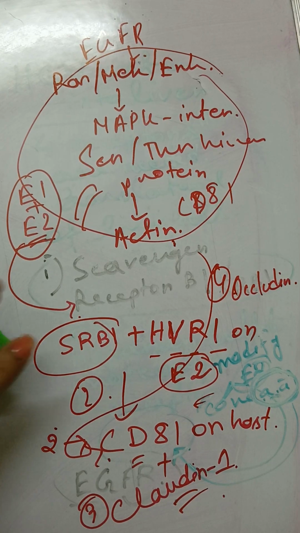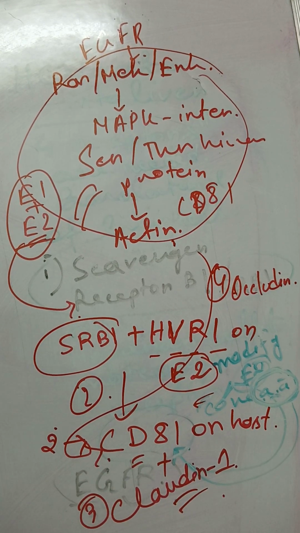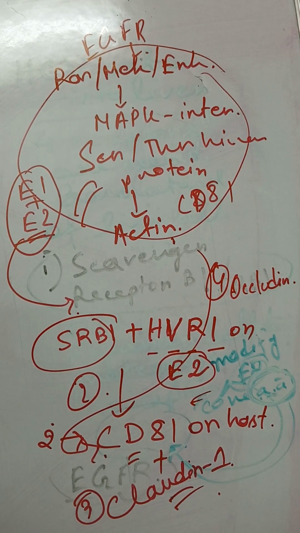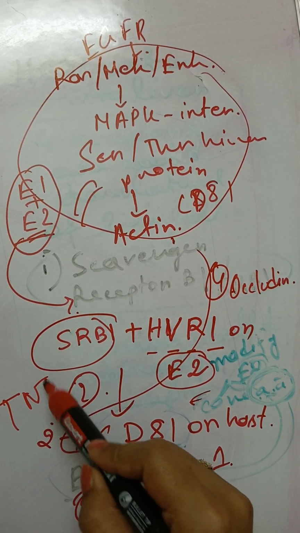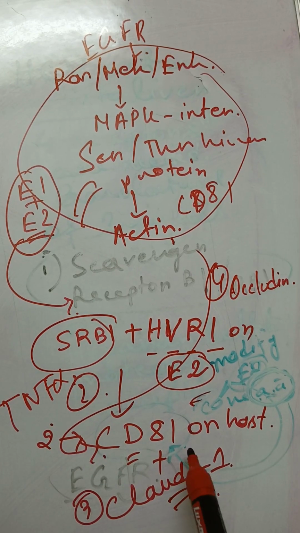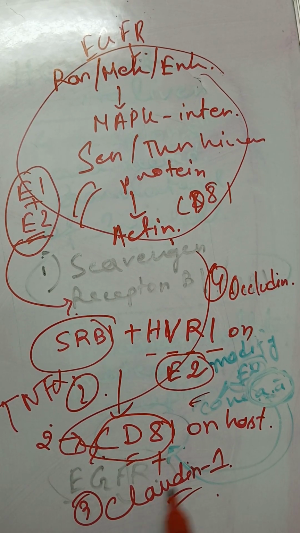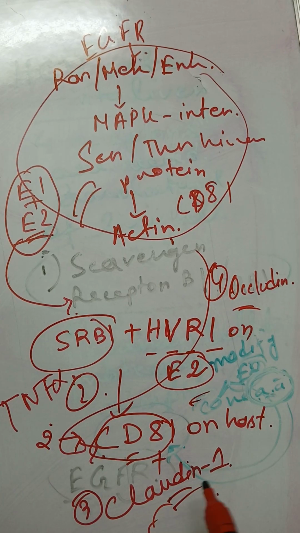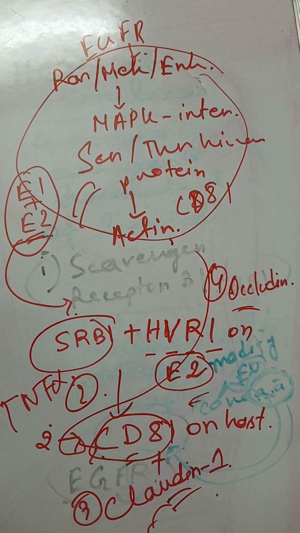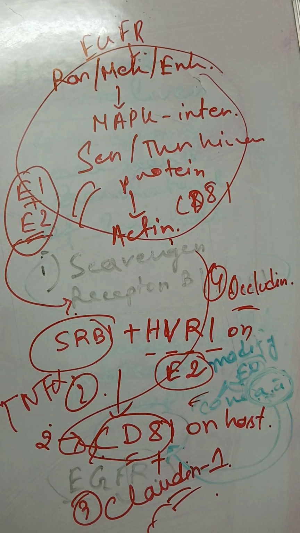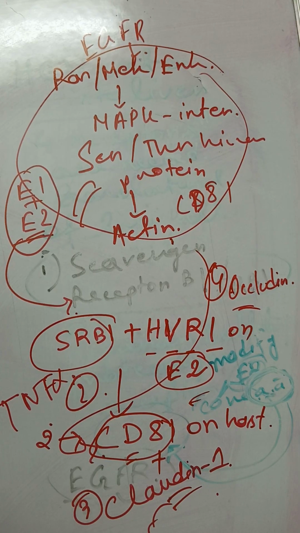Here the host cell signaling pathway and host cell proteins, basically TNF alpha, tumor necrosis factor alpha, also help to translocate CD81 along with occludin and claudin again to the basolateral surface of the liver cell so that they can bind with the HCV. So in this way, HCV uses the host cell receptors and the host cell proteins for its own benefit.